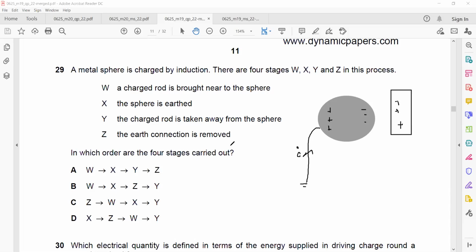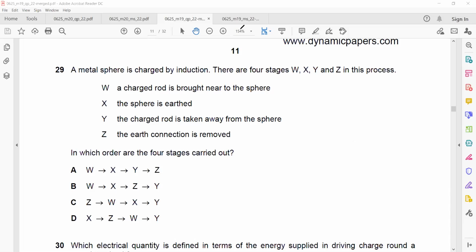So in which order are the four stages carried out? A charged rod is brought near the sphere. So first we'll bring a charged rod, because first we want to create a distribution of the charge. When we bring the charged rod, it creates a distribution of charges.